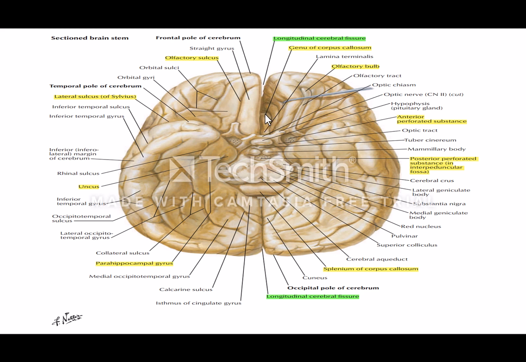That's the genu of the corpus callosum, and the posterior aspect is the splenium of the corpus callosum. That's our pituitary gland or hypophyseal gland right there. And you can see these two small bodies called the mammillary bodies. They are part of the limbic system.